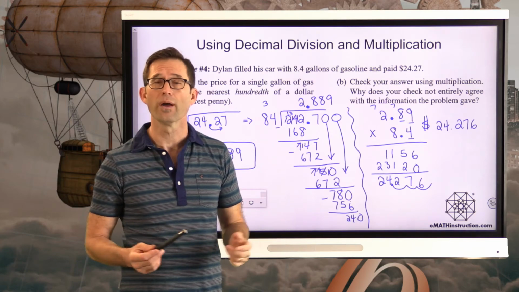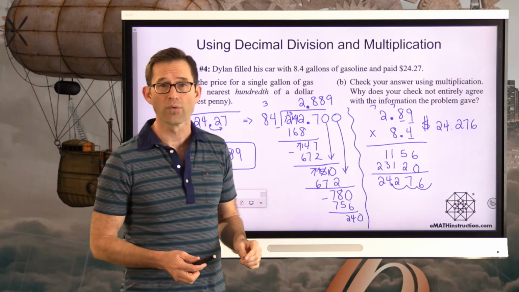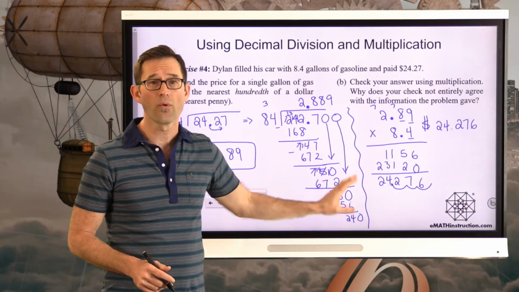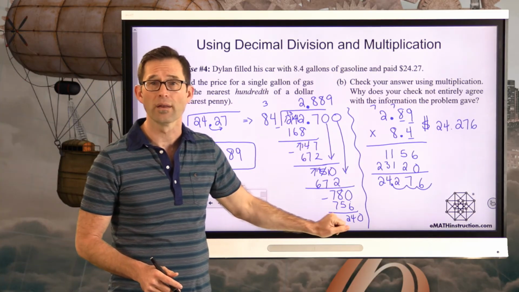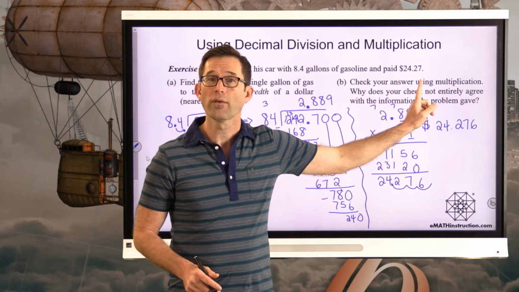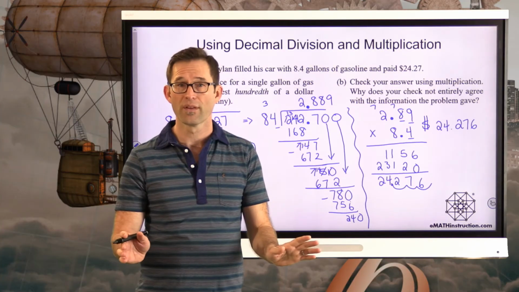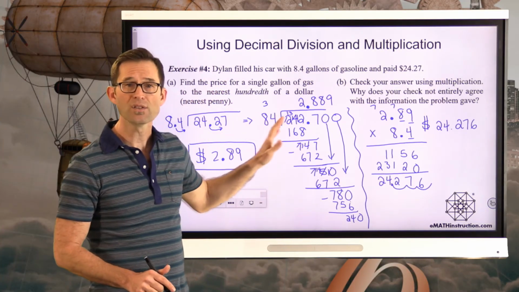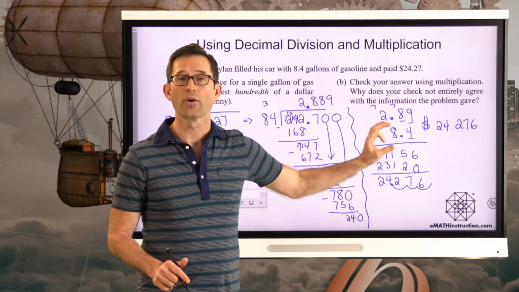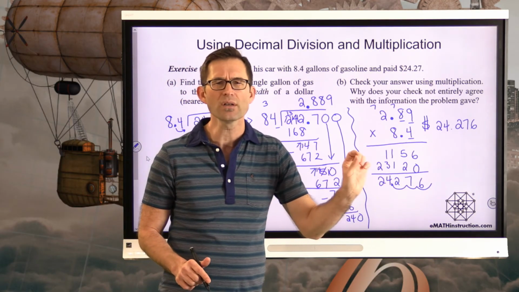Well, it's pretty simple, right? It's because we rounded our answer from A. If we had worked this answer all the way out, as far as it went, and then we multiplied by 8.4, we would get 24.27 on the dot, right? But because we rounded our answer in A, then when we check in letter B, our check will be just a little bit off.